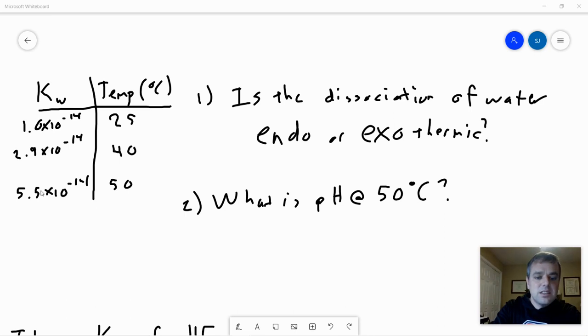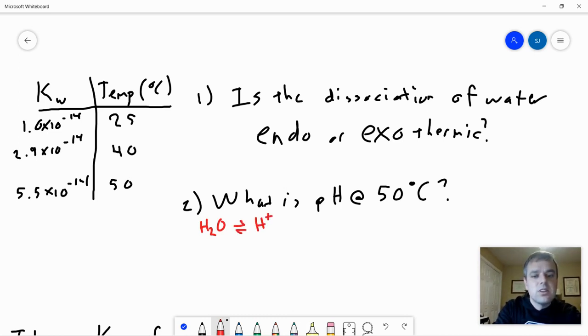And keep in mind that we are talking about the reaction where liquid water makes H pluses plus hydroxides. And our equilibrium constant Kw equals the concentration of H plus times the concentration of hydroxides.